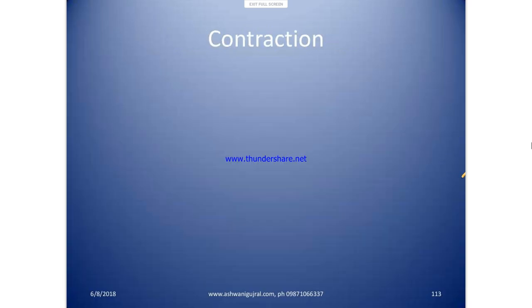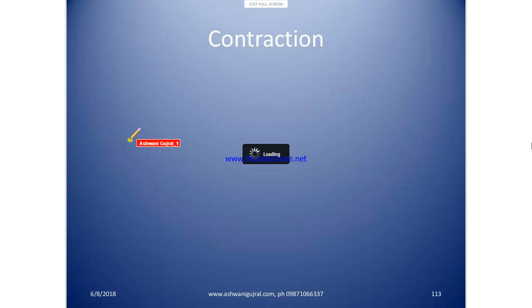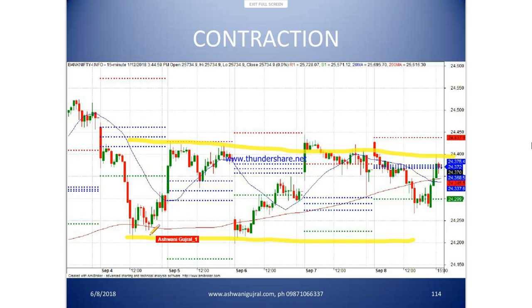Let's discuss what is contraction. This sort of sideways days are contraction, where you end up at the low of the day one day, touch high of the day yesterday, the next session again open at the low of the day, next session gap down, not sustained, gap up, not sustained, something similar to what we are going through these days.